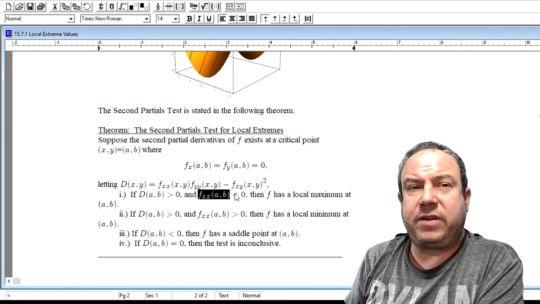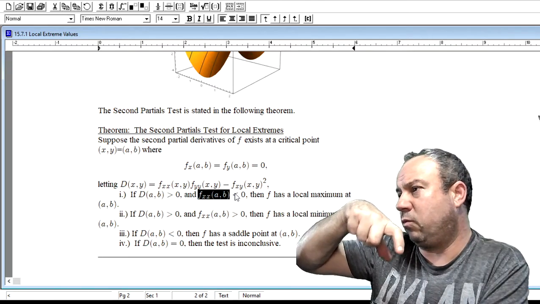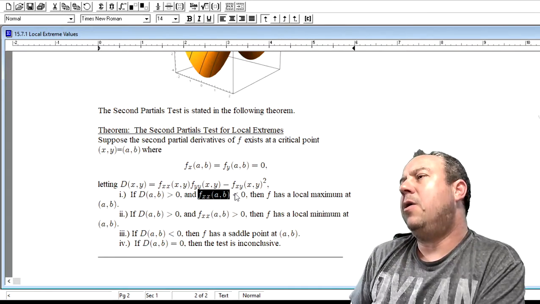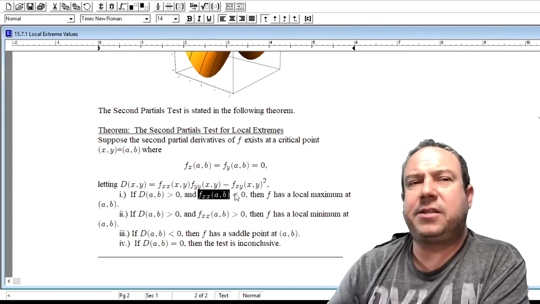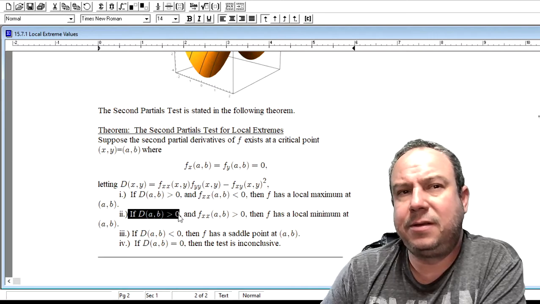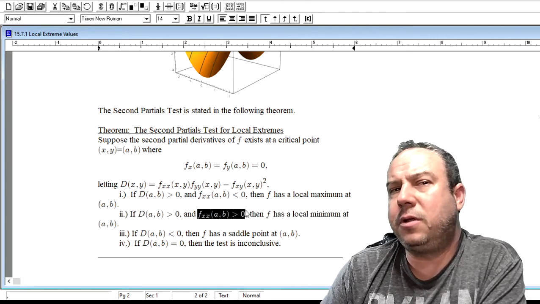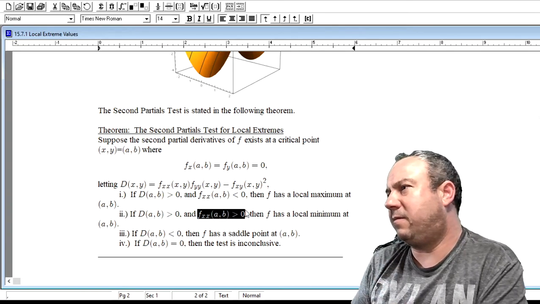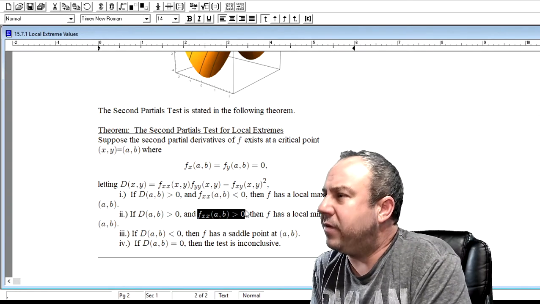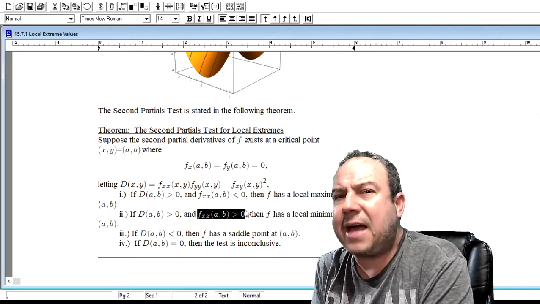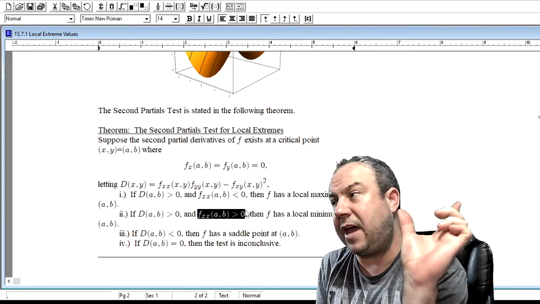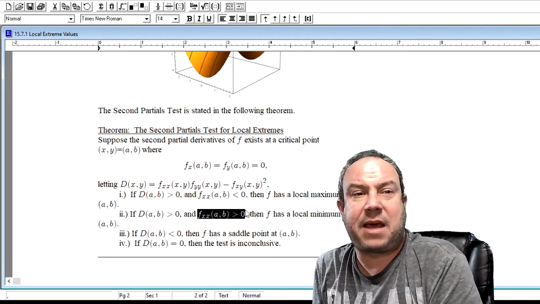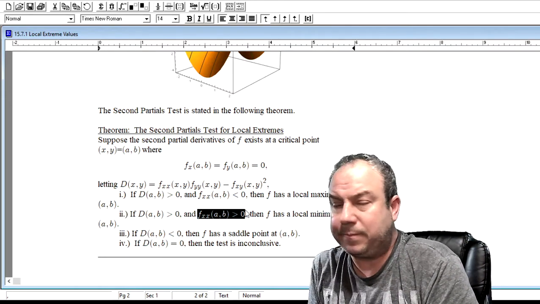Whereas if you calculate the discriminant and it's greater than 0, and your second partial at (a, b), with respect to x or y, is greater than 0, you have concave up, and you would expect to have a local minimum at that critical point.